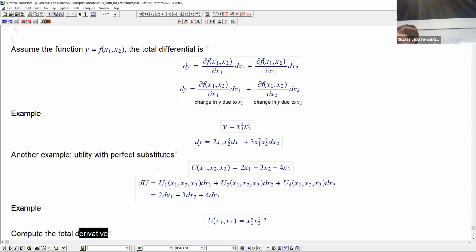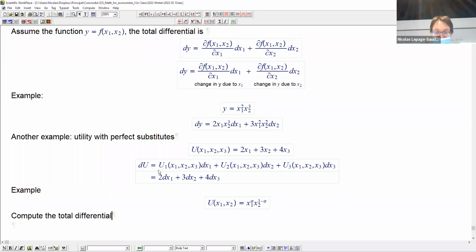Okay, I see what that means. So it's always total differential, but it's the same idea. At some point, I don't want to be a stickler on vocabulary.